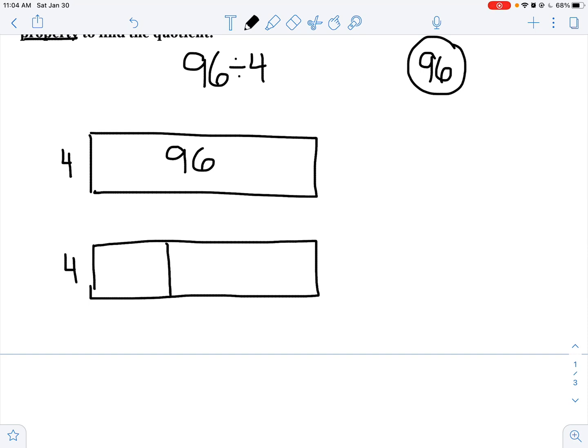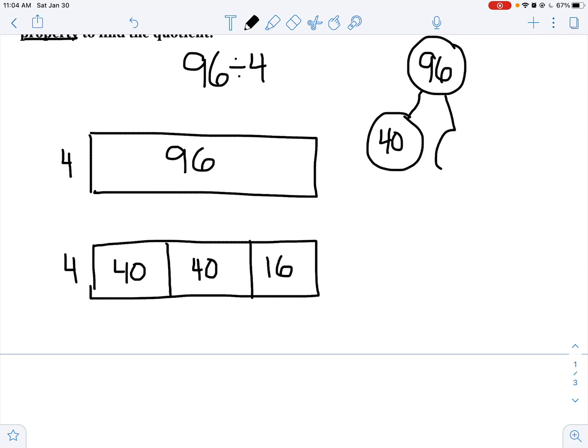I'm going to go with 40 here, and I know I can do another 40. That gets me to 80, and then I still have 16 left. So I'm going to split this one up into 3 parts, and that's okay. You can do that. So I'm going to split this up into 40 and 40 and 16.